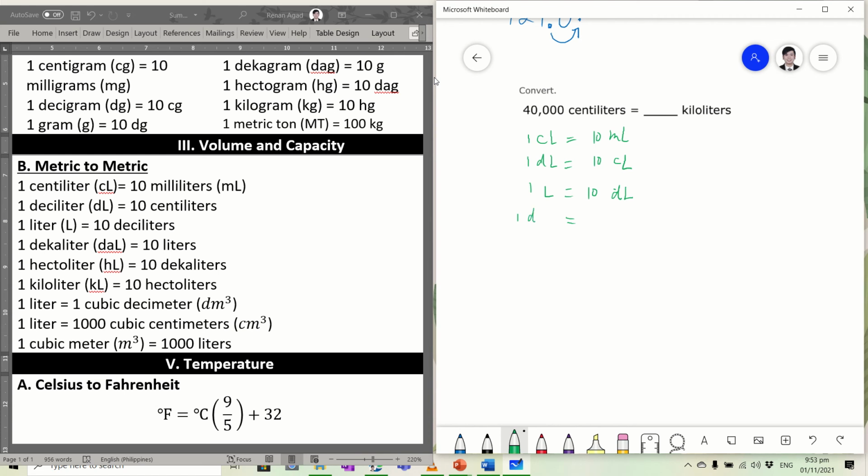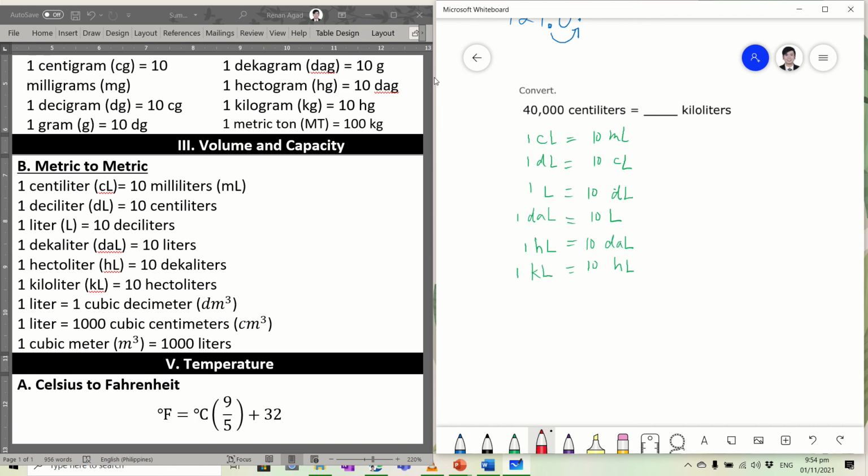So 1 DAL and then 10 liters, and then once it's in decaliters, we convert it now to hectoliter, and then once it's in hectoliter, we can already convert it into kiloliters. Okay, so there you go.